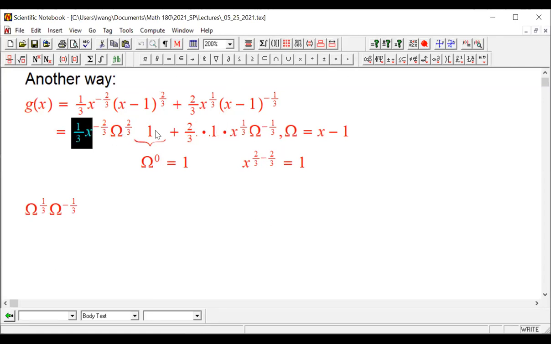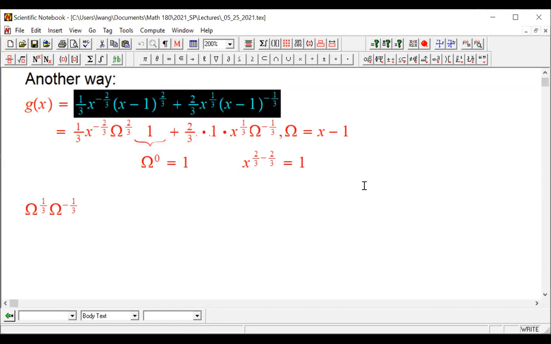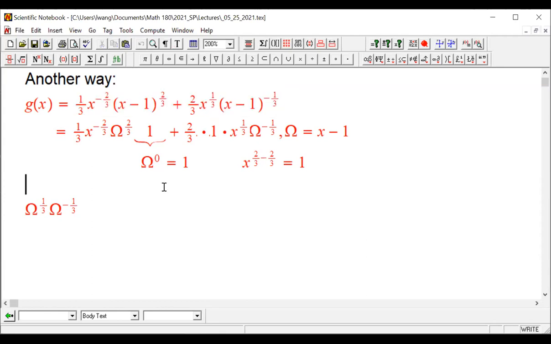If you look at what we have here, it's exactly the same as the top, isn't it? Because this piece is omega to the power 0 equals 1, and that other piece is x raised to the power of 2/3.